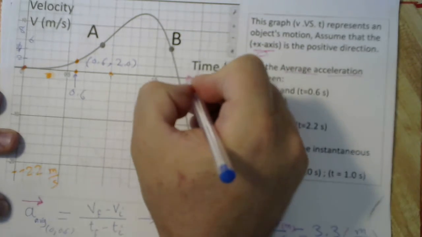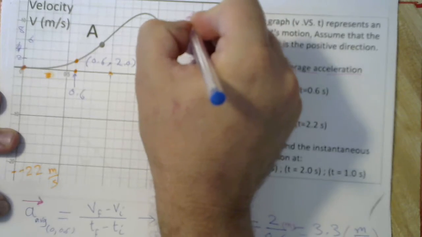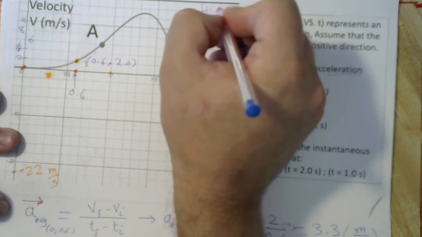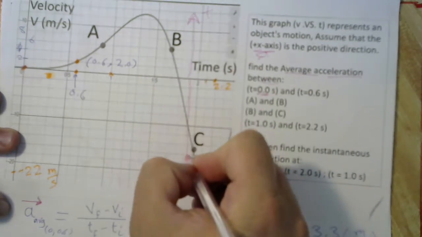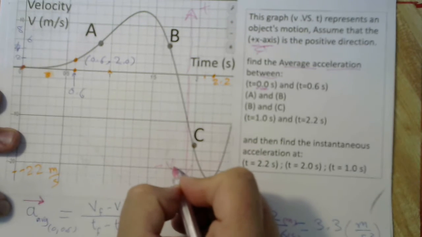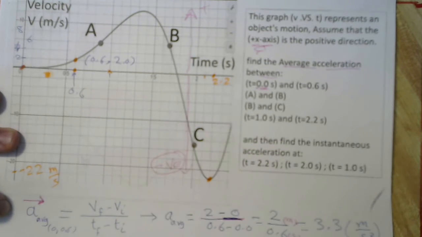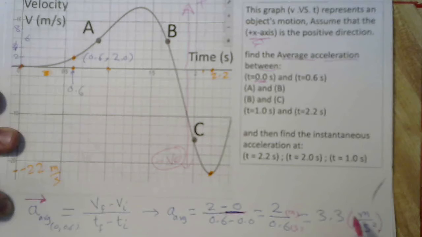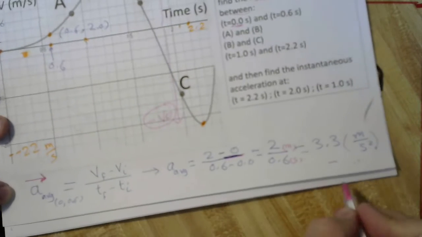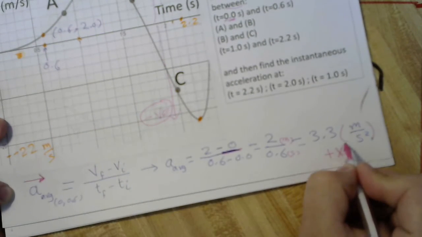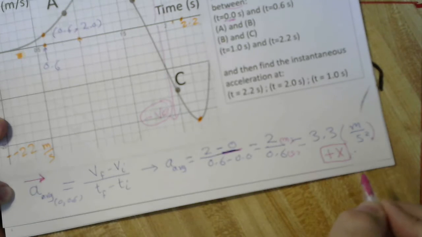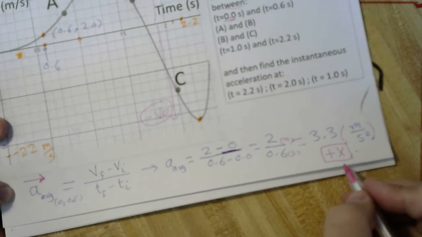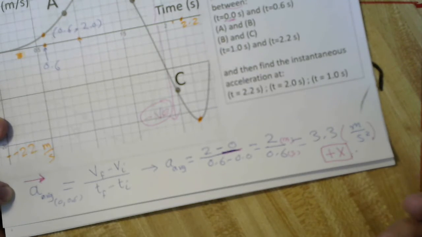So in this case, I have positive direction, and this direction is the negative direction. So the acceleration is in the positive x direction, or to the right, or to the east.